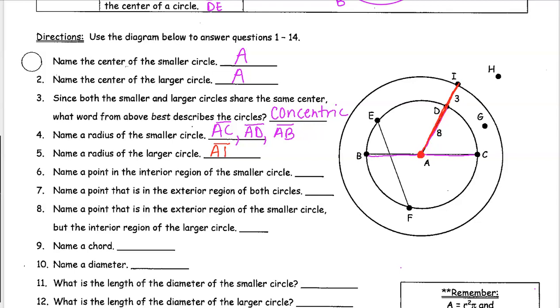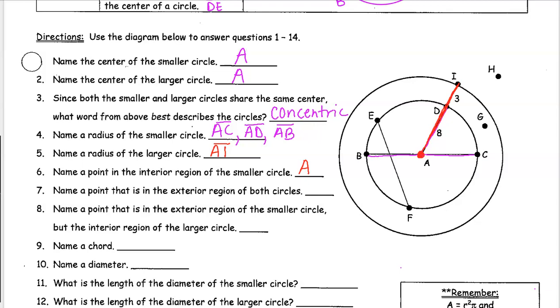Okay, name a point in the interior region of the smaller circle. Now we want something that's actually inside of the circle. If I look inside the circle, F, B, E, D, C are all on the circle. So A would be our only point on the interior region.